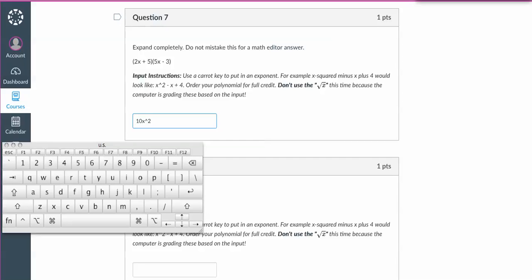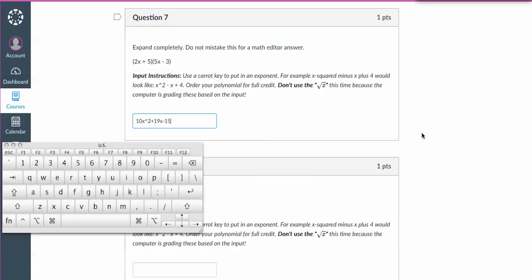Outside terms is negative 6x, inside terms is 25x, so 25 minus 6 is going to give me a positive, so shift and a positive, and then that would be 19x. Then a positive times a negative is a negative, and that's 3 times 5, which is 15.